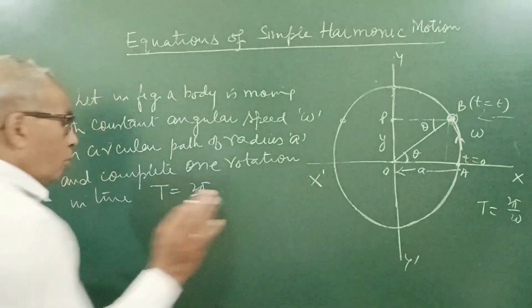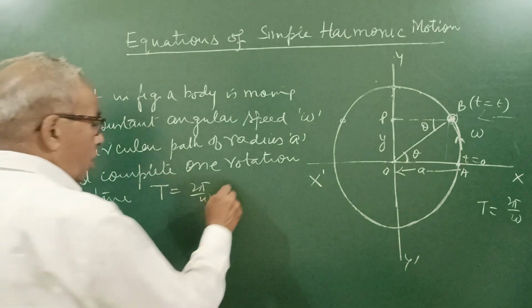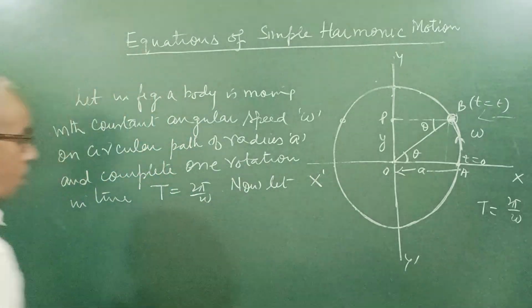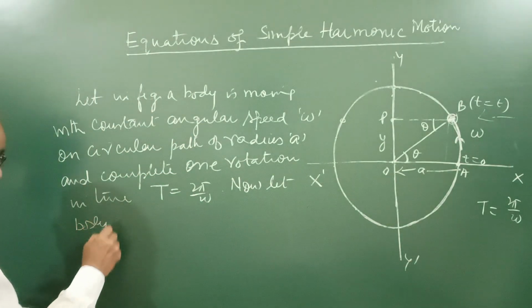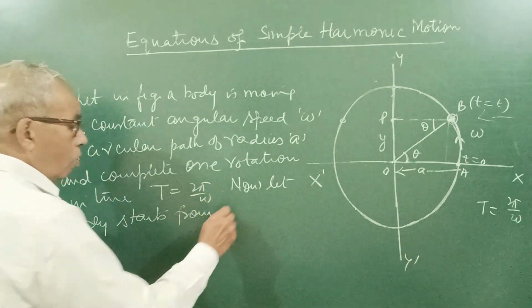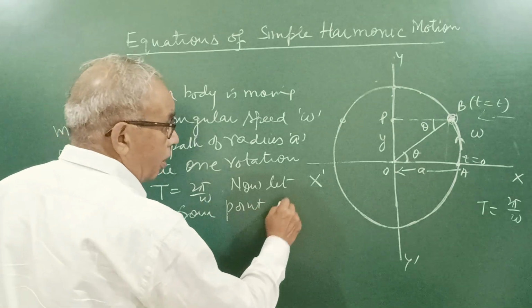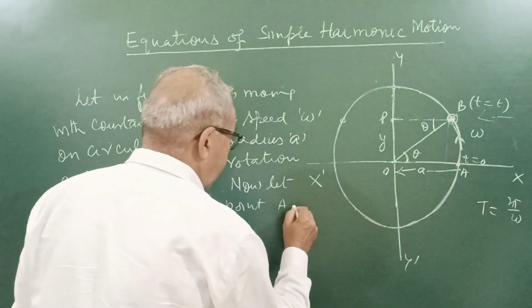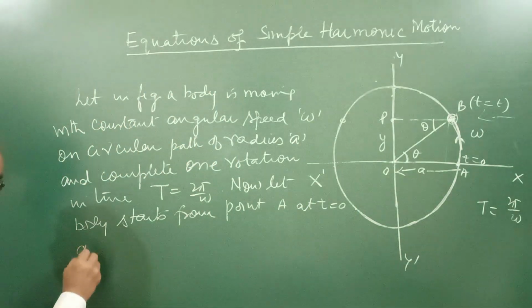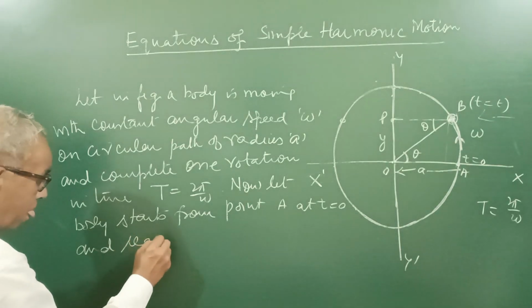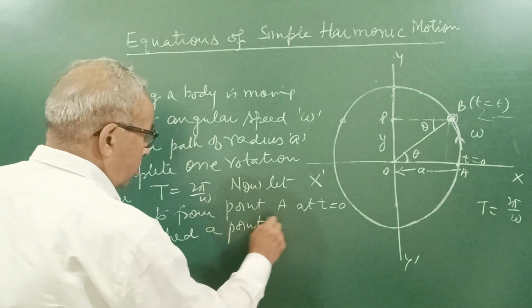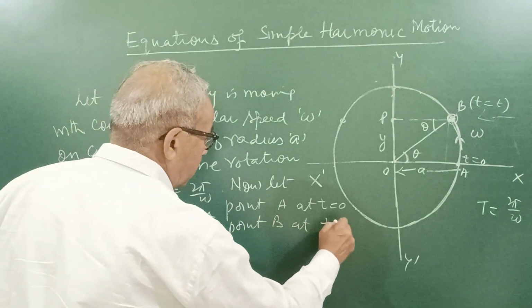Here you understand T is the time period. Now let the body start from point A at t equal to 0 and reach a point B at t equal to t.